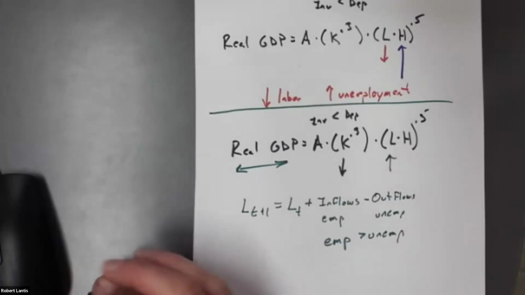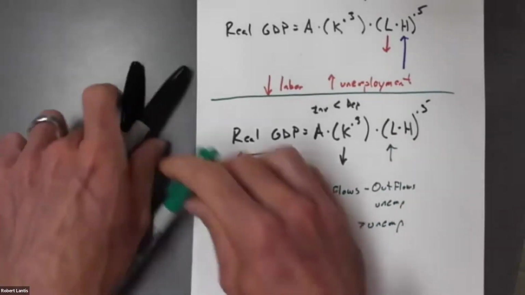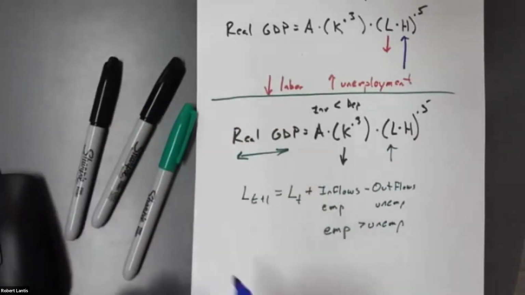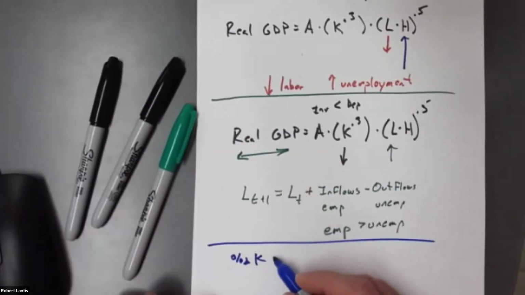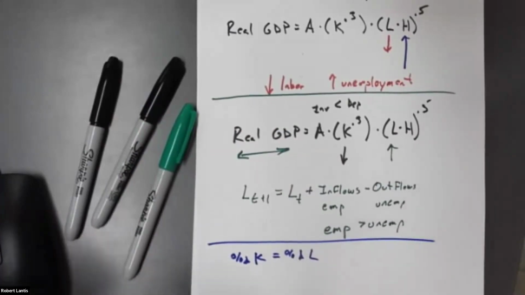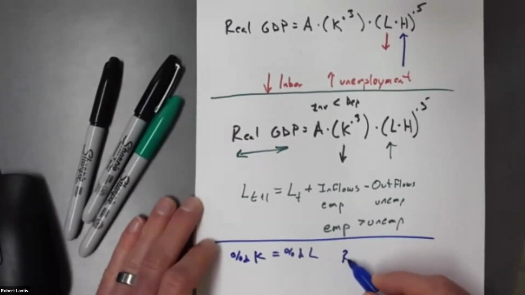What would happen to real GDP there? So if I had that percentage change in capital, it was the same as that percentage change in labor, and they start out at the same value. What would happen to real GDP?